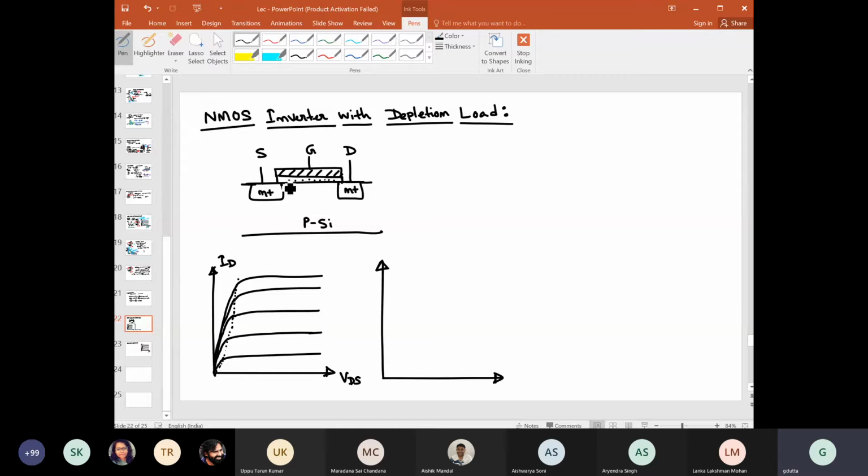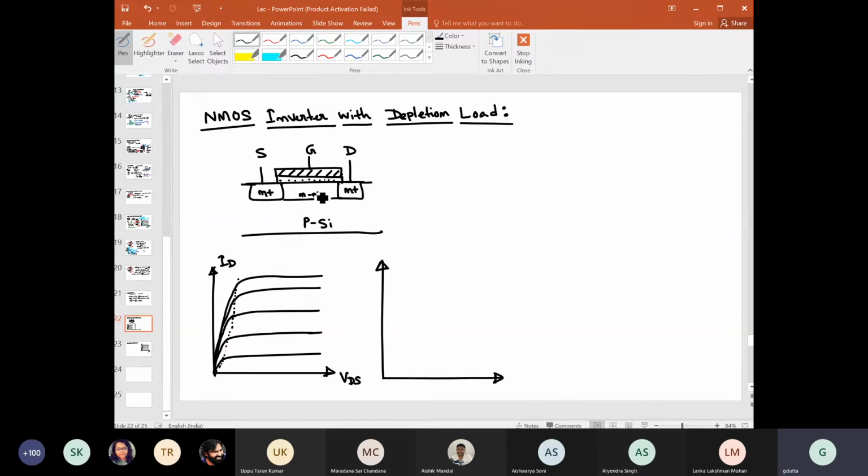But think about it, if you have some existing channel already. For example, suppose you have intentionally made this region N type. So this is also N type doped silicon. Then even if you apply 0 voltage, there is an existing channel between this source and drain, so it can conduct, right?